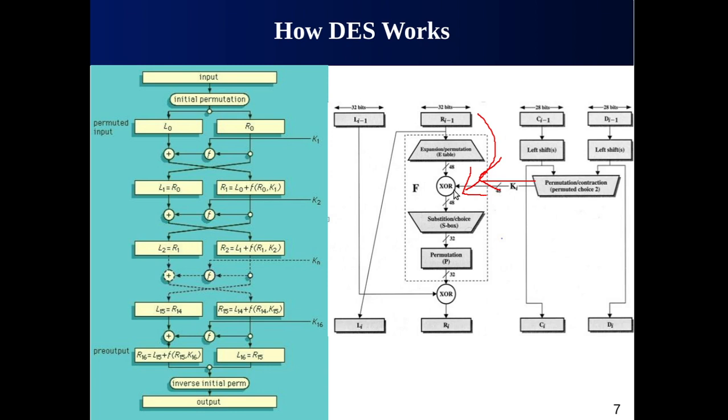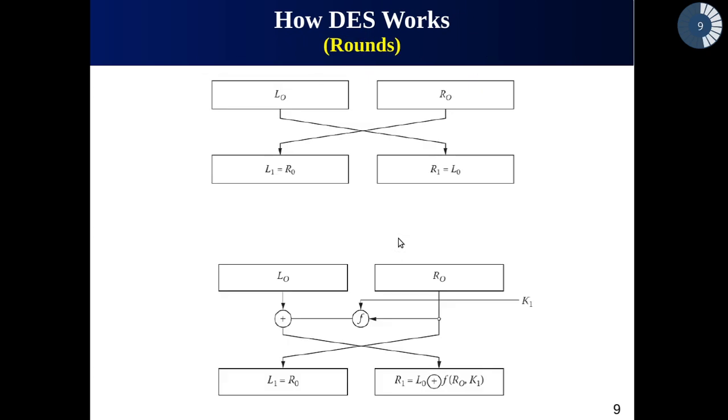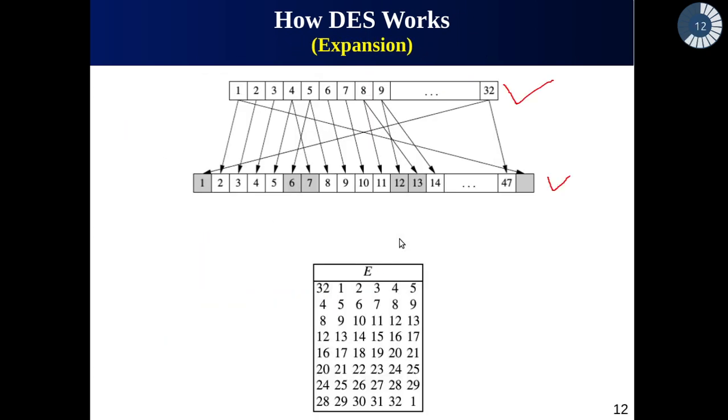So exclusive OR takes two things as input: the right bits, 32 bits expanded to 48 bits, and the 48-bit key. Note that both the right section and the key are 48 bits now. Also note that the round key is used only in this operation. That is the role of the exclusive OR.